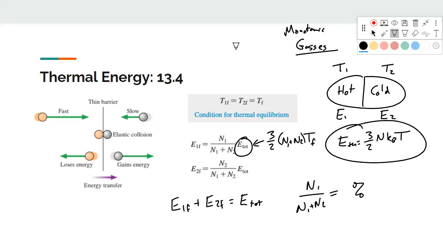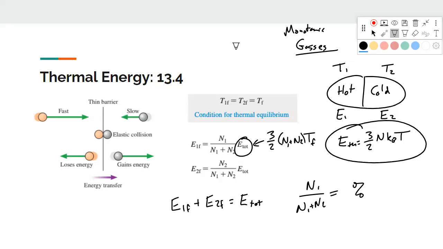And that would be the total energy in the final state. And so you can see that this E1F is just N1 times 3/2 T final. And you can use the same type of calorimetry methods that we were talking about earlier this week or last week to find this final temperature.